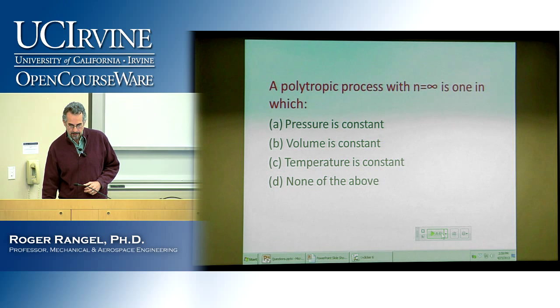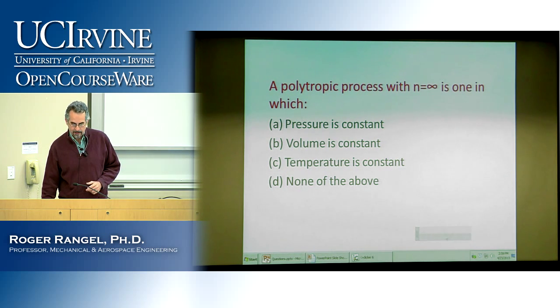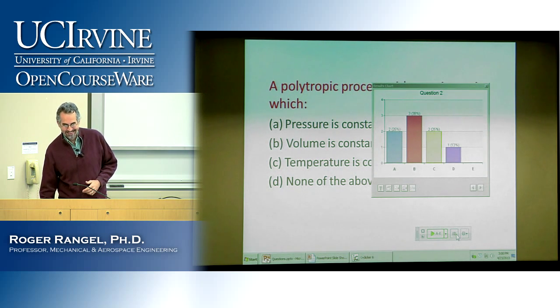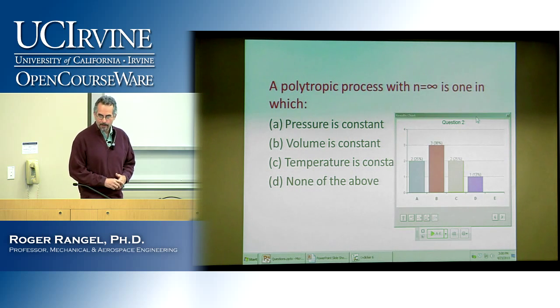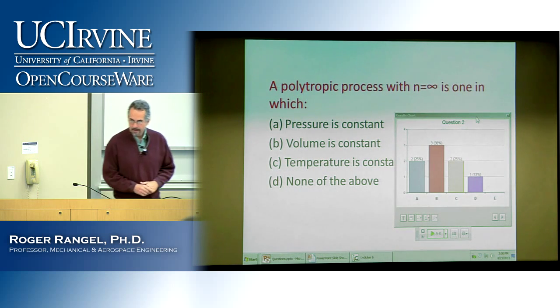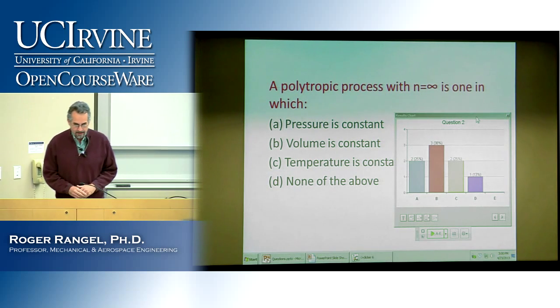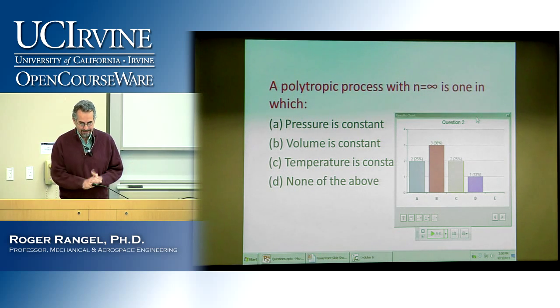Let's see what you said. Oops. No more answers. Nice Gaussian distribution, almost. Okay, so the most popular answer was constant volume, followed by a tie.